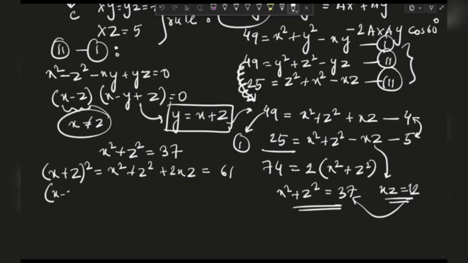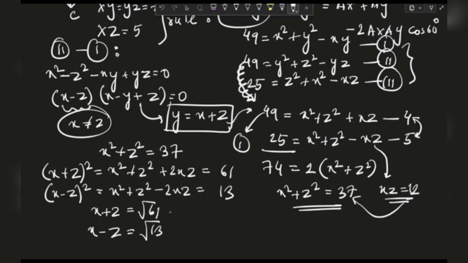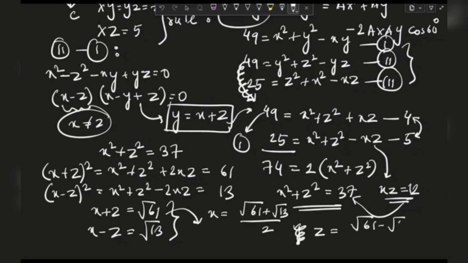And x minus z whole squared is x squared plus z squared minus 2xz, which comes out to be 13. So x plus z is root 61 and x minus z is root 13. Let's add these two up, and 2x will be root 61 plus root 13. So x comes out to be root 61 plus root 13 by 2, and z comes out to be root 61 minus root 13 by 2.